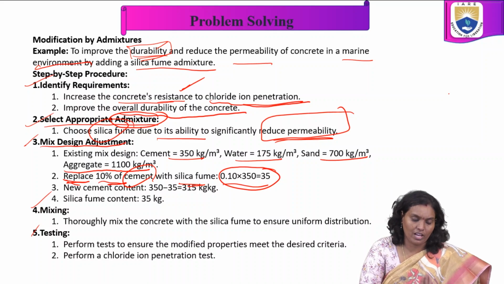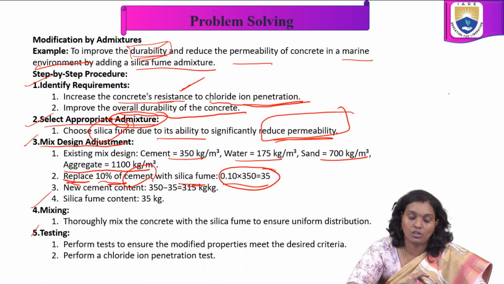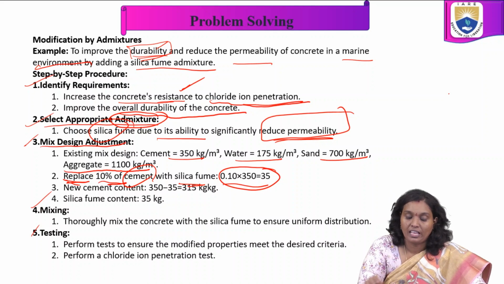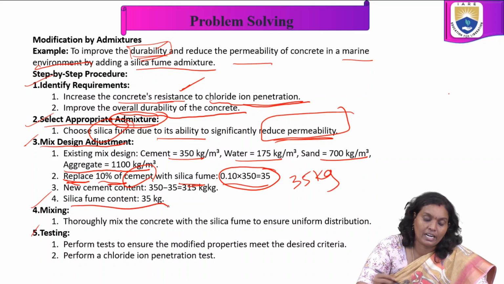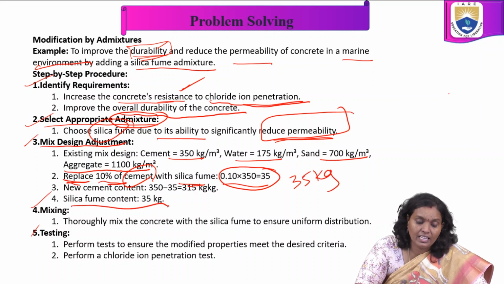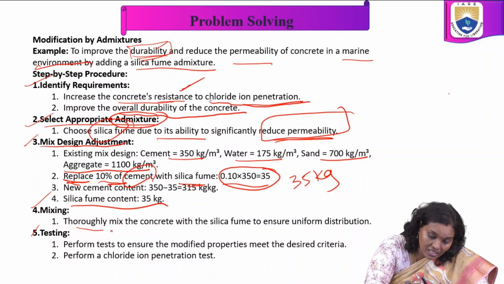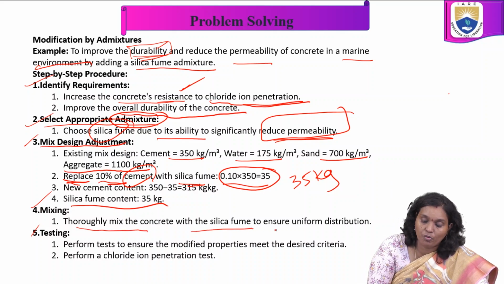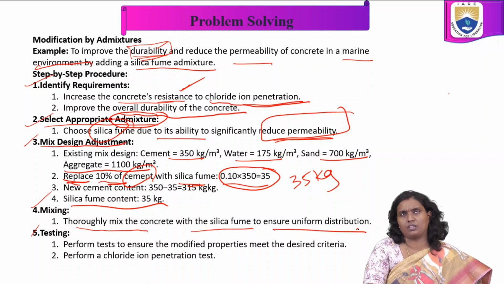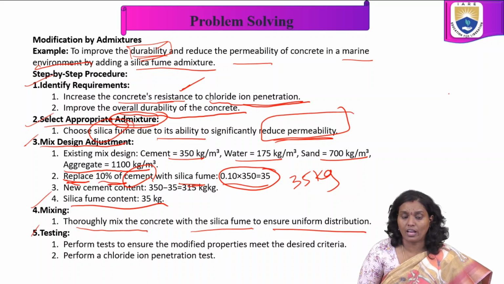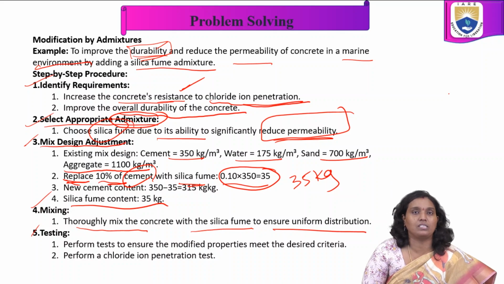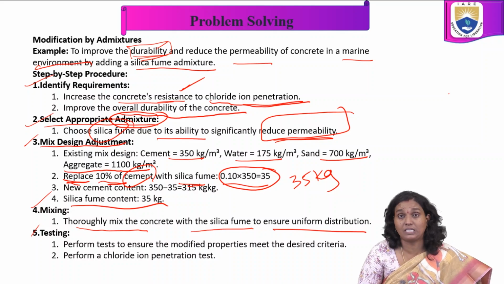So here we are going to replace 10% of cement with silica fume, that is 35 kg of silica fume content. Thoroughly mix the concrete with the silica fume to ensure uniform distribution. Proper mixing is also important whenever we replace the cement with silica fume, 10% by weight of the cement.